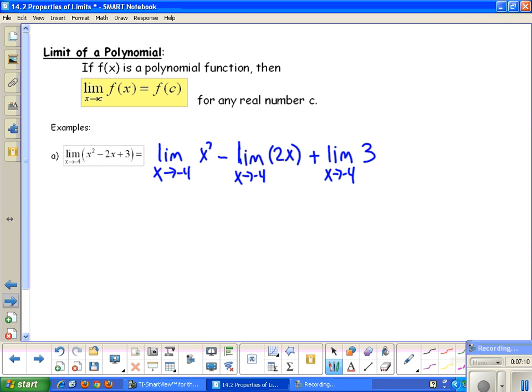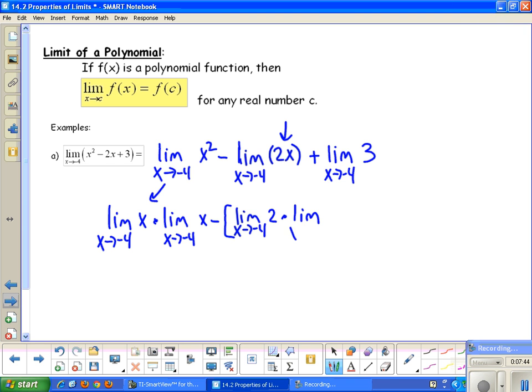And then we're not done, because x squared we can make x times x, so I can separate that into the limit as x approaches -4 of x, multiplied by the limit as x approaches -4 of x, and then minus, and we can do both of these by multiplication, so I'm going to put it in parentheses, the limit as x approaches -4 of 2 times the limit as x approaches -4 of x, plus the limit as x approaches -4 of 3.